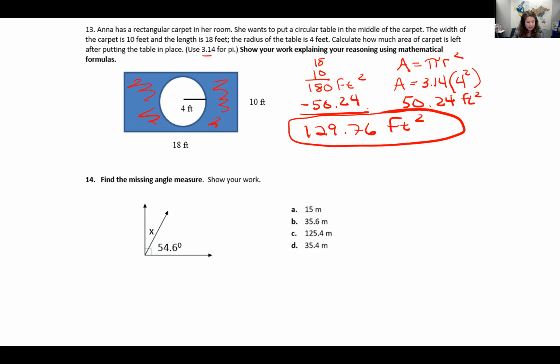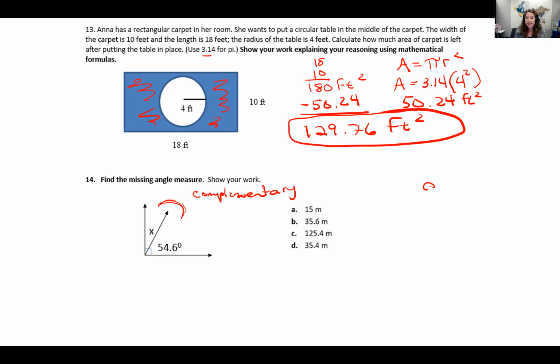All right, guys, just checking my answer. Yep, I agree with myself. And then finally, number 14, I think that's the last one. Find the missing angle measure. These two angles together are complementary, which means together they equal 90 degrees.